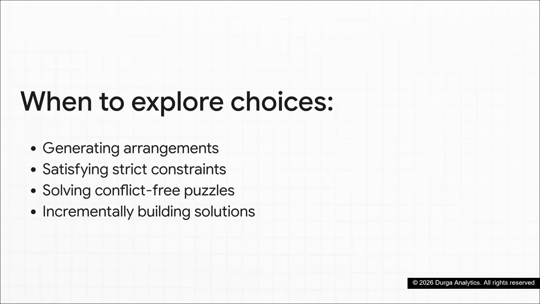Maybe you're building a solver for a conflict-free puzzle, or incrementally building up a partial solution. For these kinds of problems, there's just no clever mathematical formula or simple single-pass linear solution. You're faced with a massive branching set of choices, and the valid answer is hidden somewhere inside that space. Backtracking is our systematic, professional-grade technique for exploring that massive space without completely crashing our servers.